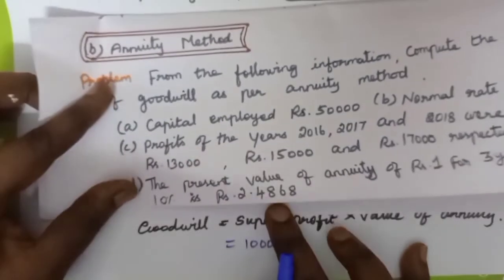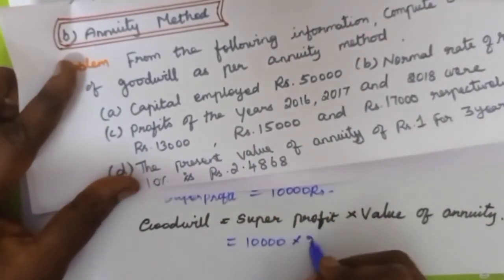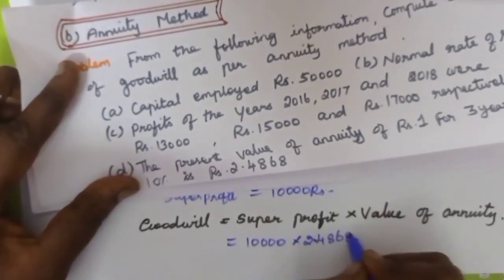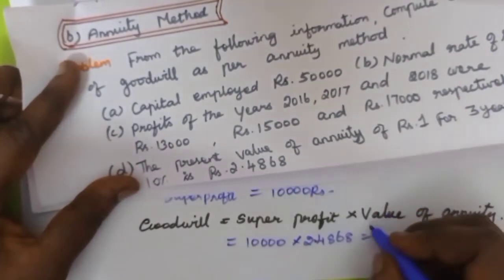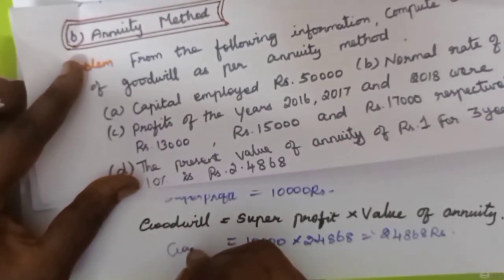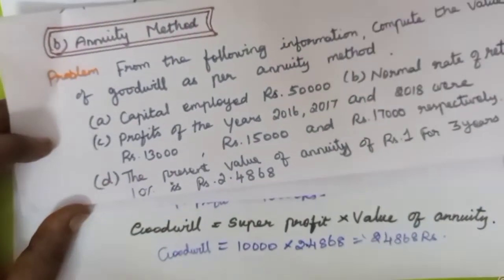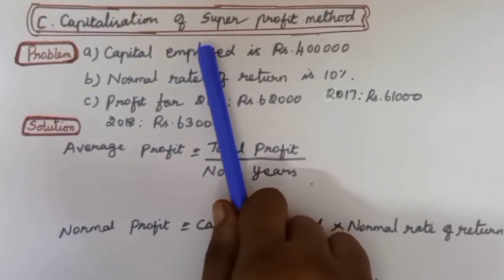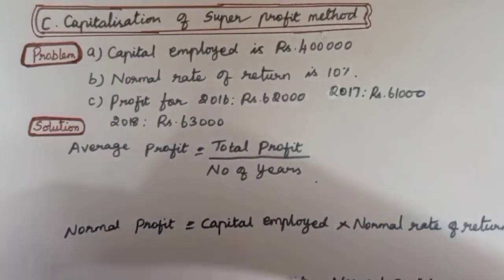It is 2.4868. 10,000 into 2.4868, we will get 24,868 rupees. Goodwill is 24,868 rupees. Next, we will see one problem under the capitalization of super profit method.